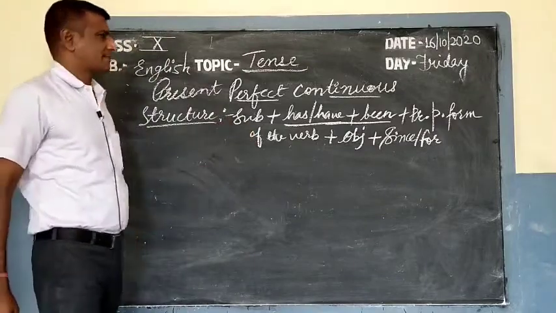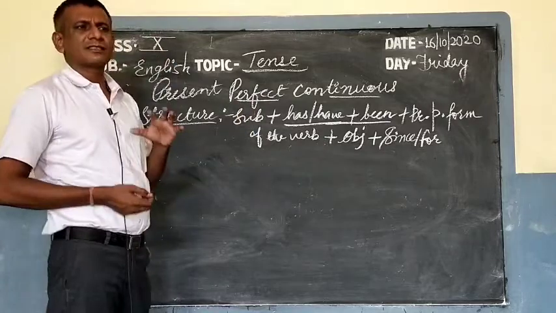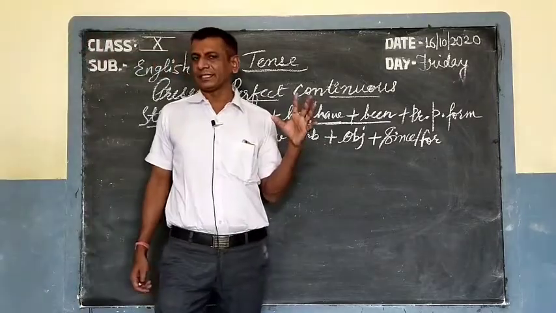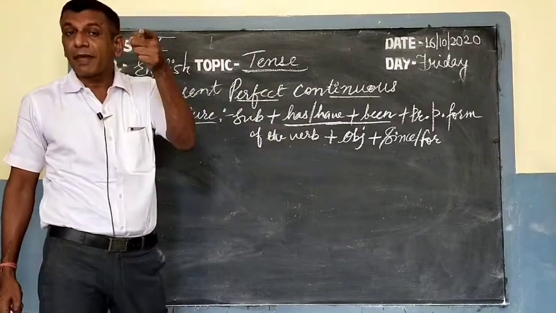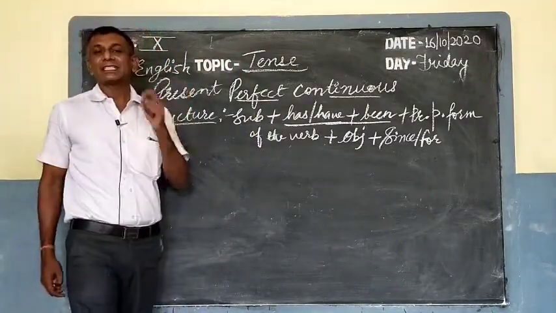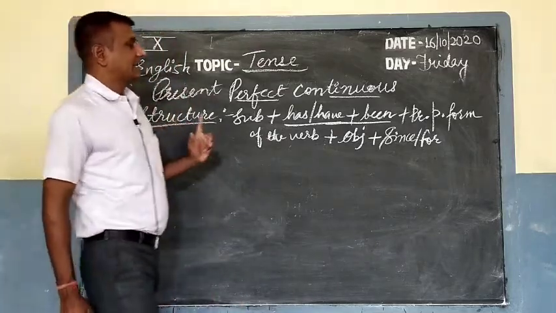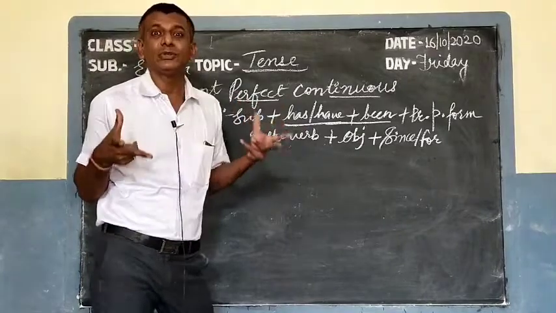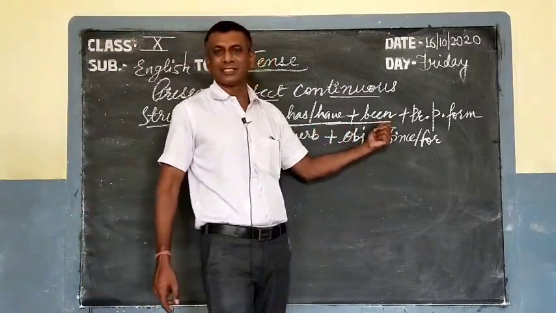Present perfect means the work has been completed, and remember the present perfect structure is has, have plus PP form. So students, there is nothing to confuse. Subject plus has, have plus PP form, you can see.